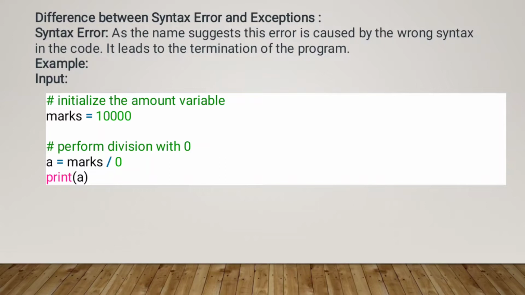So let us discuss the difference between syntax error and exception. Firstly, we will see the syntax error definition and a program. As the name suggests, a syntax error is caused by wrong syntax in the code, and it leads to the termination of the program.